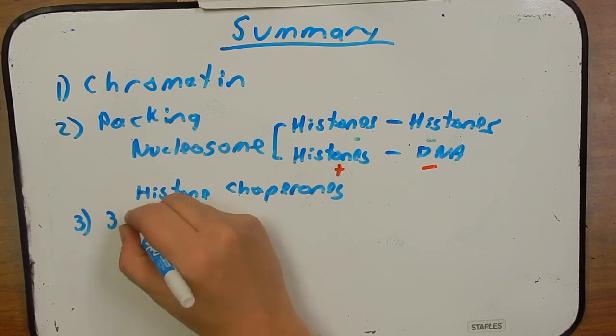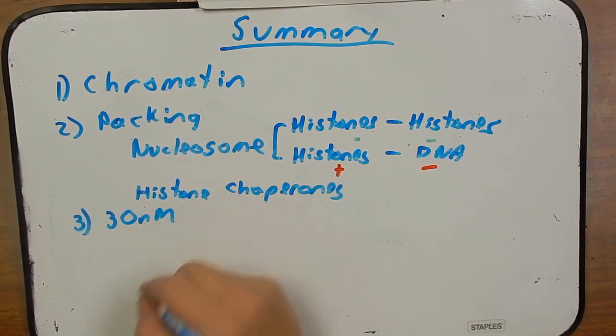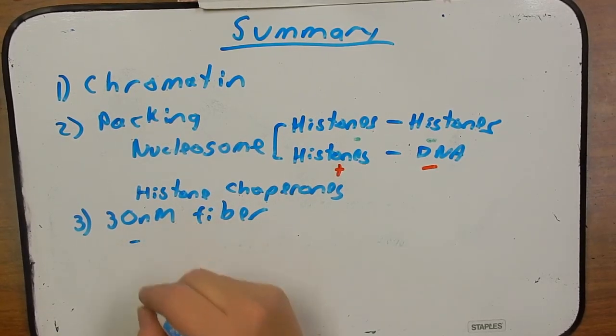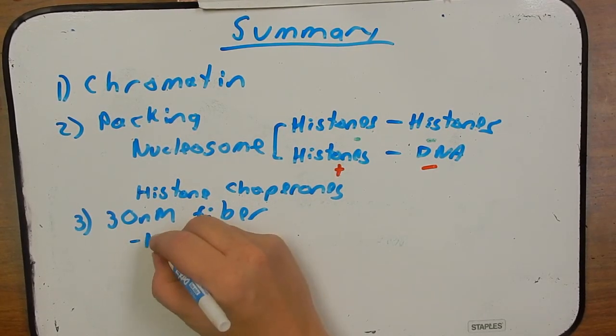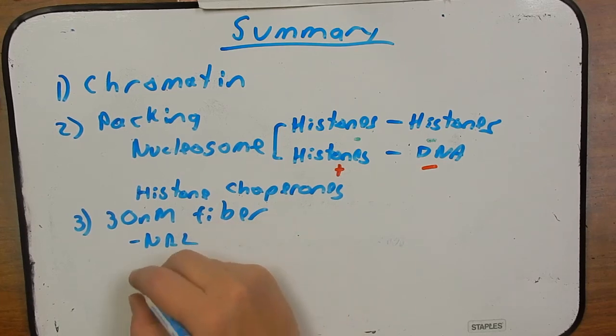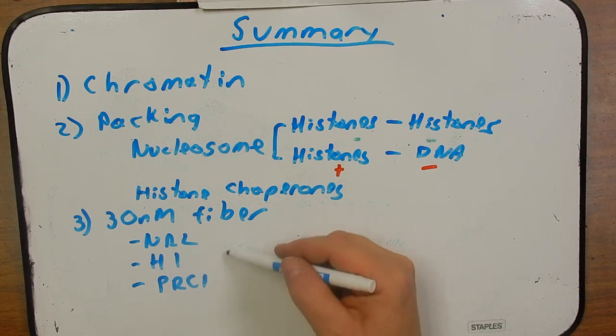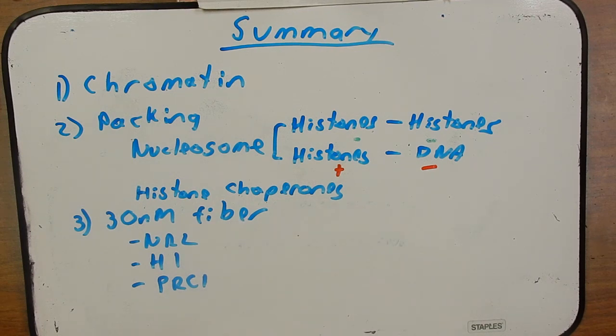We then talked about the 30 nanometer structure, or fiber we'll call it. In this we talked about the importance of the nucleosome repeat length and H1. We also talked about the PRC1 protein and how it's likely involved in forming this 30 nanometer fiber.